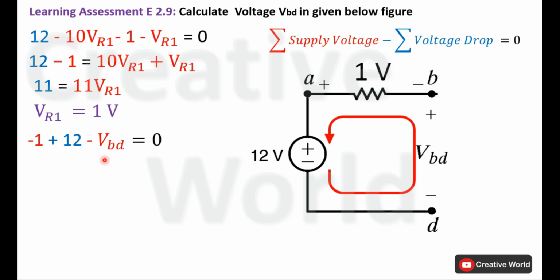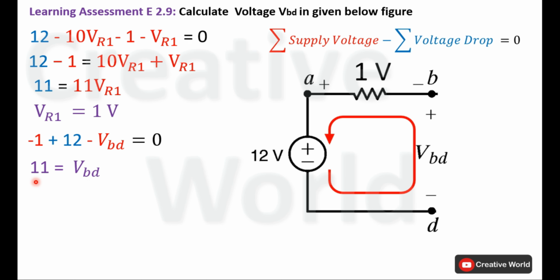So we have made the KVL equation for this circuit. Now we can easily find the value of VBD because this equation includes only one variable, that is VBD. By placing VBD on the other side of the equal sign and subtracting 1 from 12, we can calculate the value of VBD, that is 11 volts.